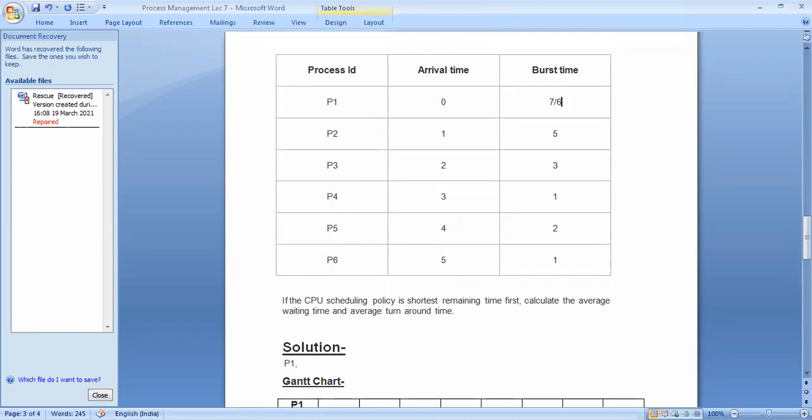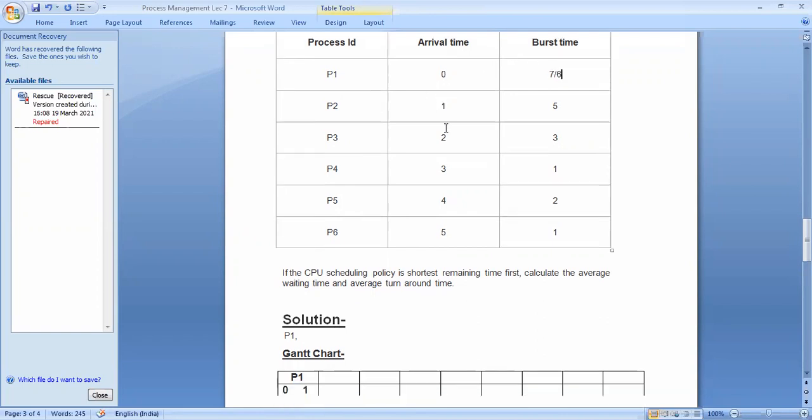So the remaining time is 6, because our algorithm is shortest remaining time first. Now after 1 millisecond, again we'll check; only two processes are there. Yes or no? Or do you still have doubt?